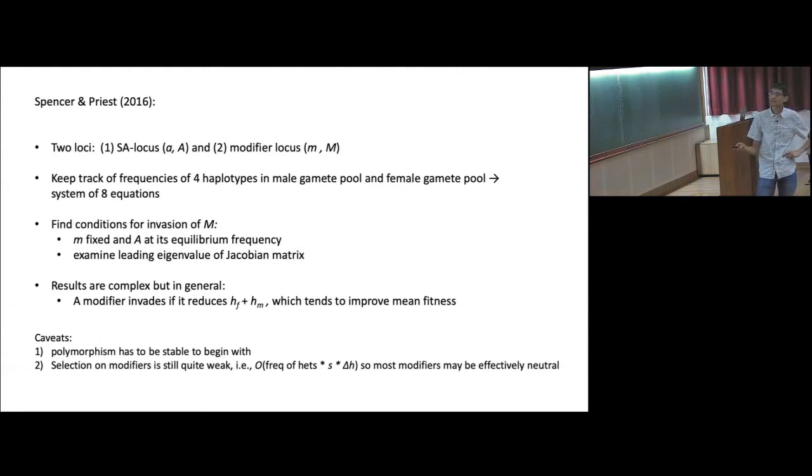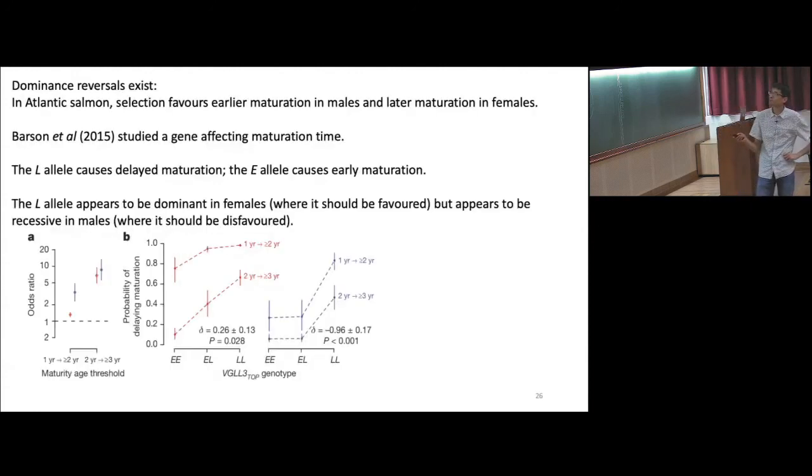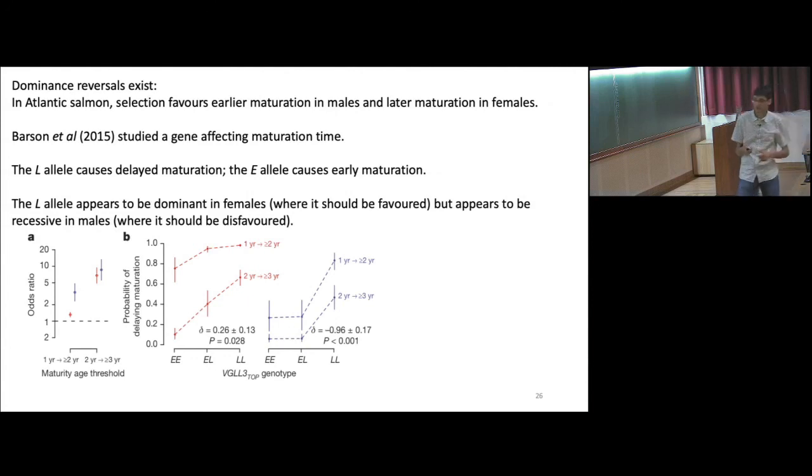And the second is that selection on modifiers tends to be very weak, and so in finite populations, even though selection might favor them to evolve, they won't necessarily evolve. Nonetheless, we're now starting to see a few examples of dominance reversals.